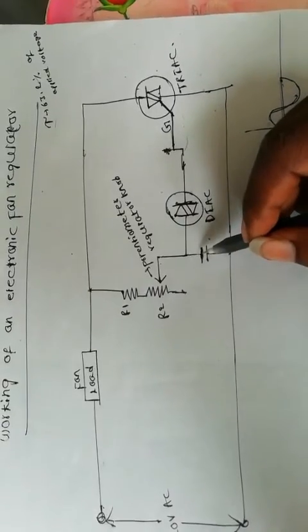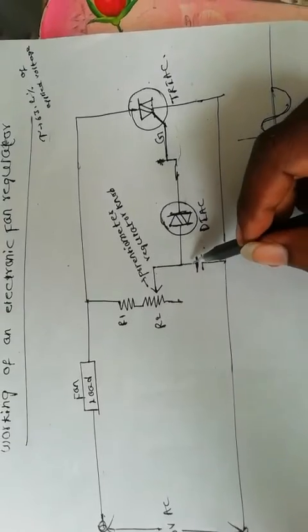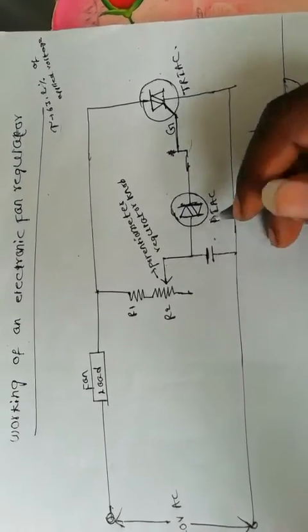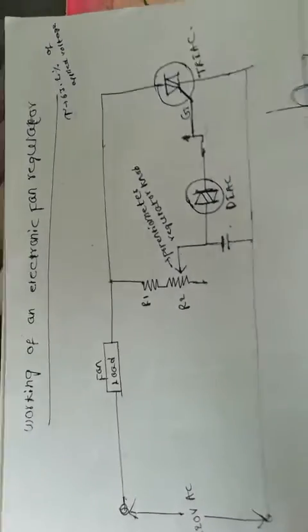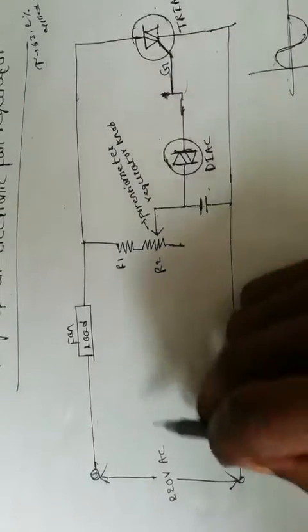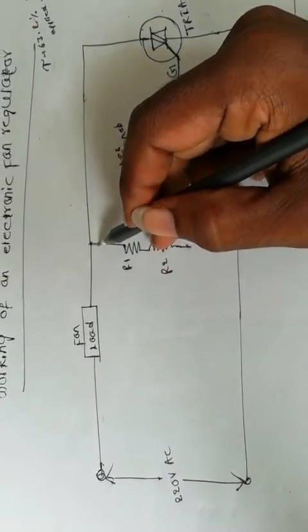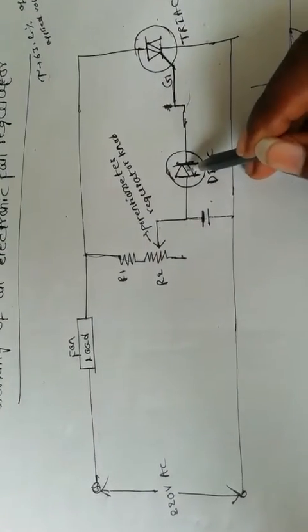And initially, when the AC voltage is applied, the capacitor acts as a short circuit, so current chooses this path. Current is flowing through this side. Why doesn't it go this side?